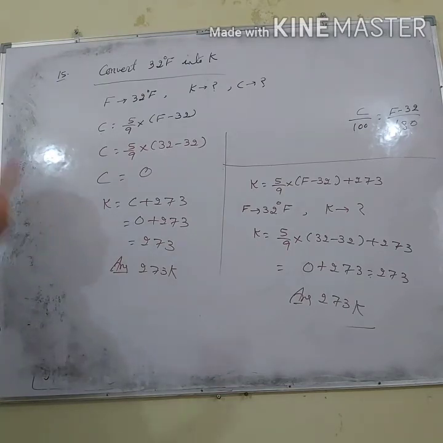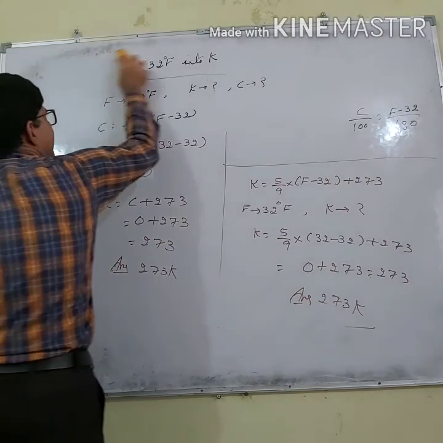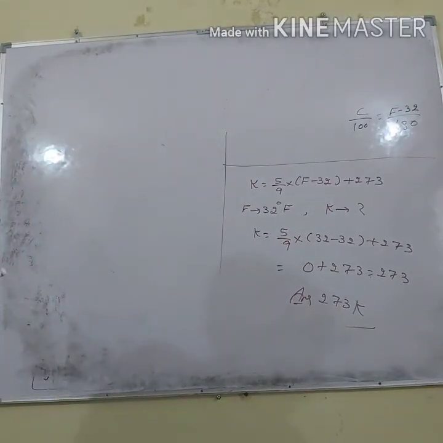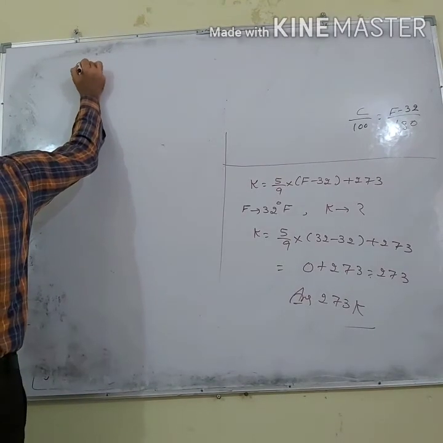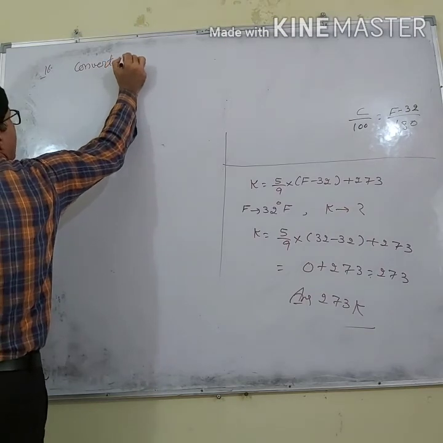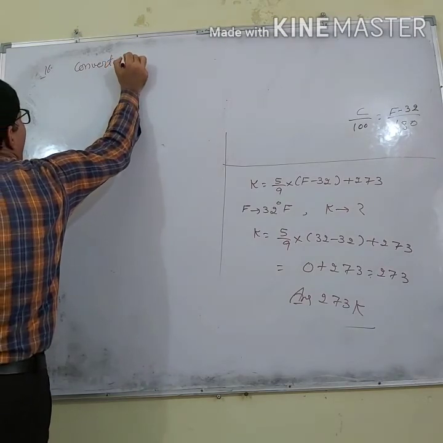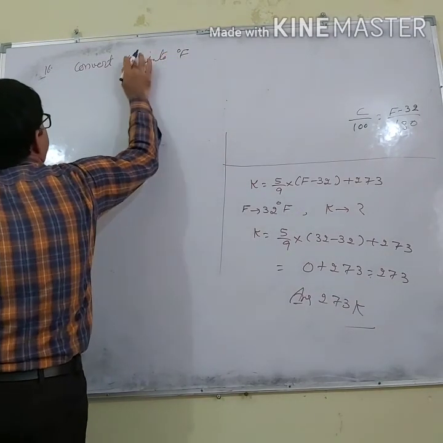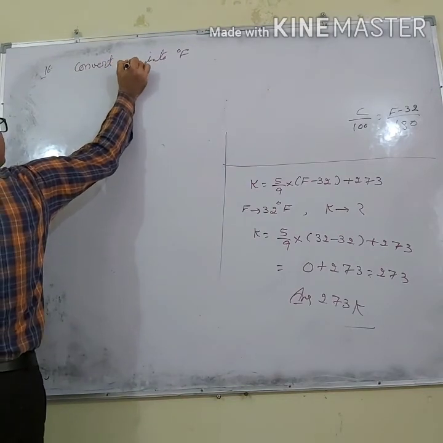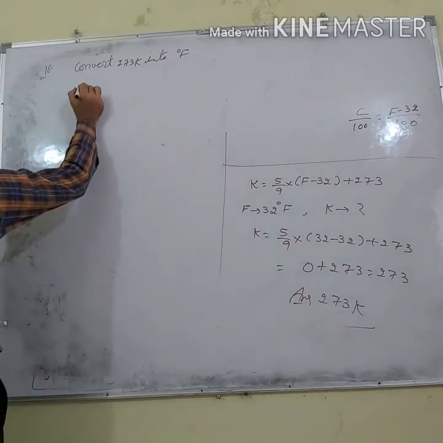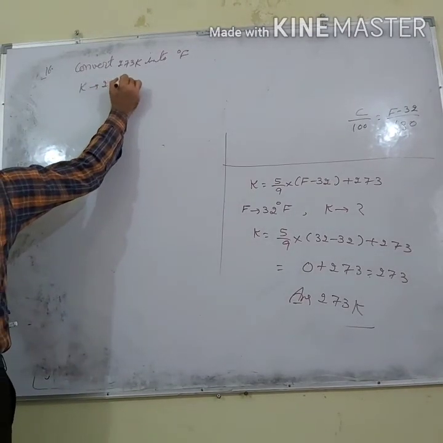Okay, let's do one more question. This is the last question, I assure you. Convert Kelvin into degrees Fahrenheit. Let us say 273 Kelvin. There are two ways. First of all, here is 273 Kelvin.